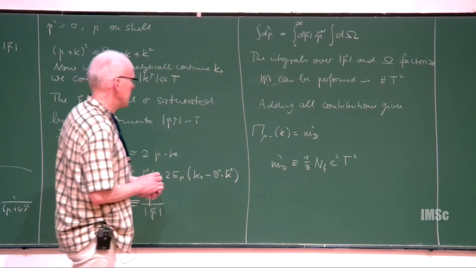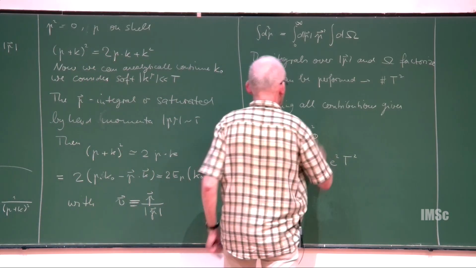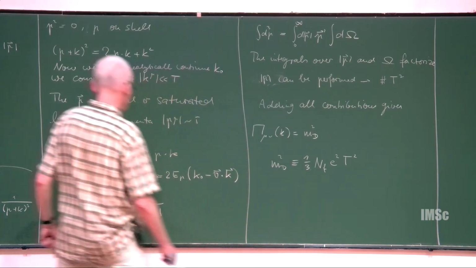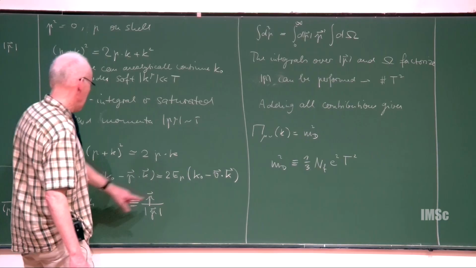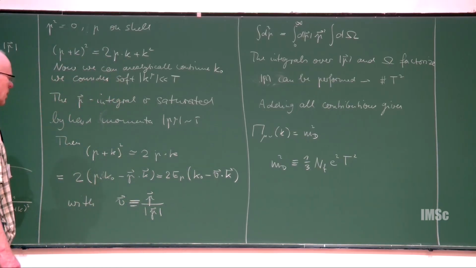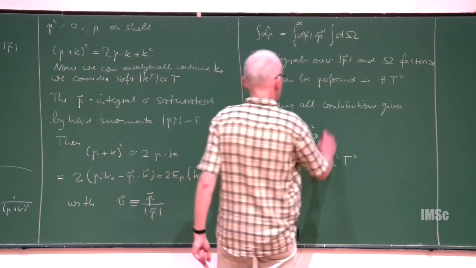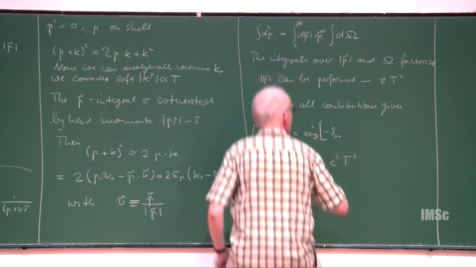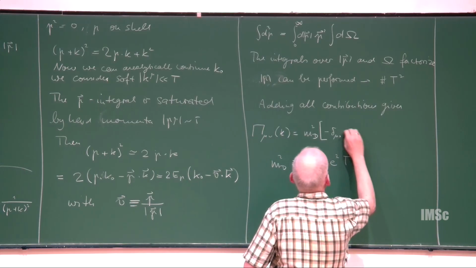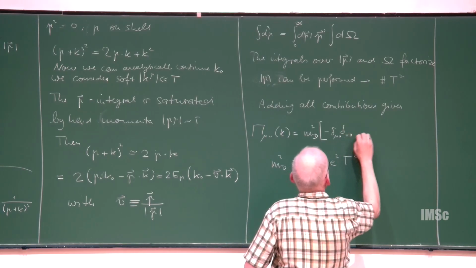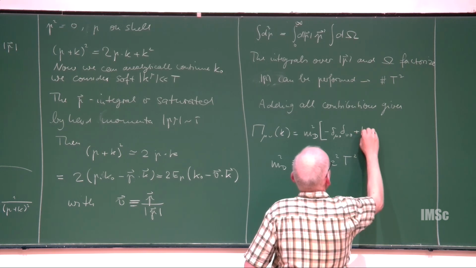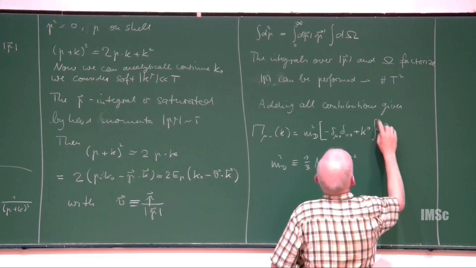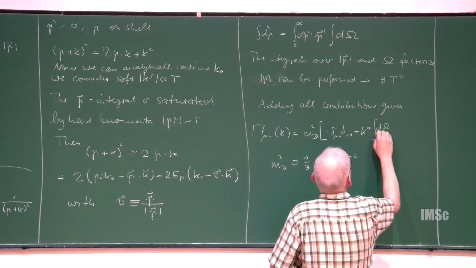Okay, now what is this? Well, this is not the end. This is not just the thermal mass, because we know we have this funny structure appearing here. Let me write it like this. So this is a term which is indeed a constant, but only for the 0,0 component. And then we have something proportional to the k naught, and then there's an integral over the directions of p.